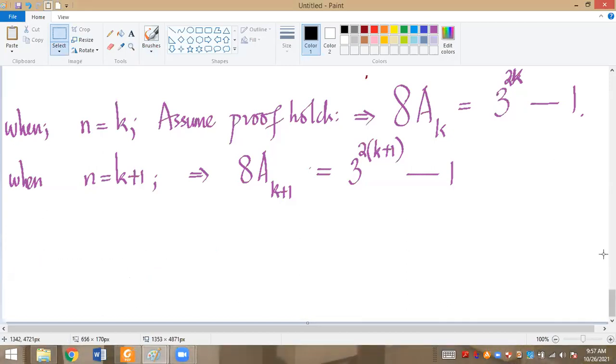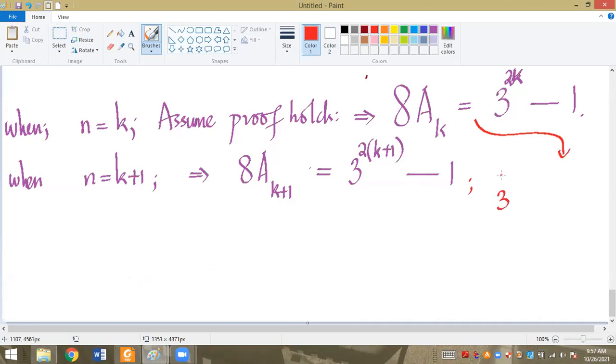Now, just like in the sums of series, we're using the assumption stage. Even this time around, we are going to employ the assumption stage. From that assumption stage, I can write 3 power 2k as the subject.